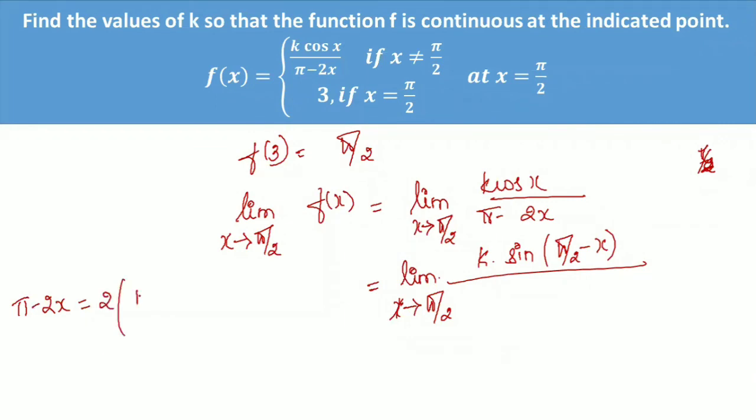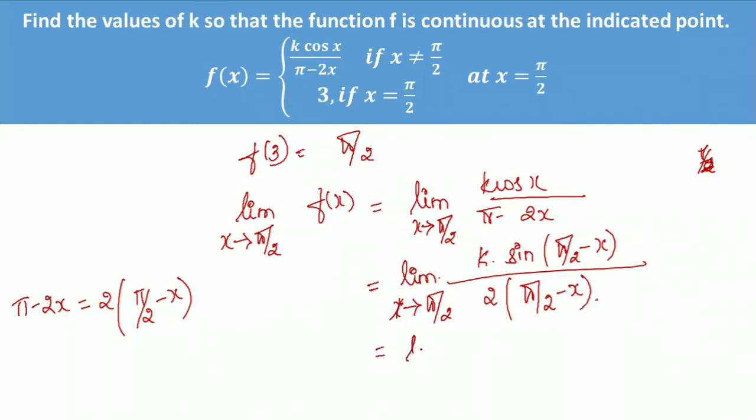So it becomes 2 into pi by 2 minus x. Do you agree with this, students? Just forget whatever I told before and concentrate on this. Because if you multiply, you'll get back the same pi minus 2x. So the denominator can be written as 2 into pi by 2 minus x.